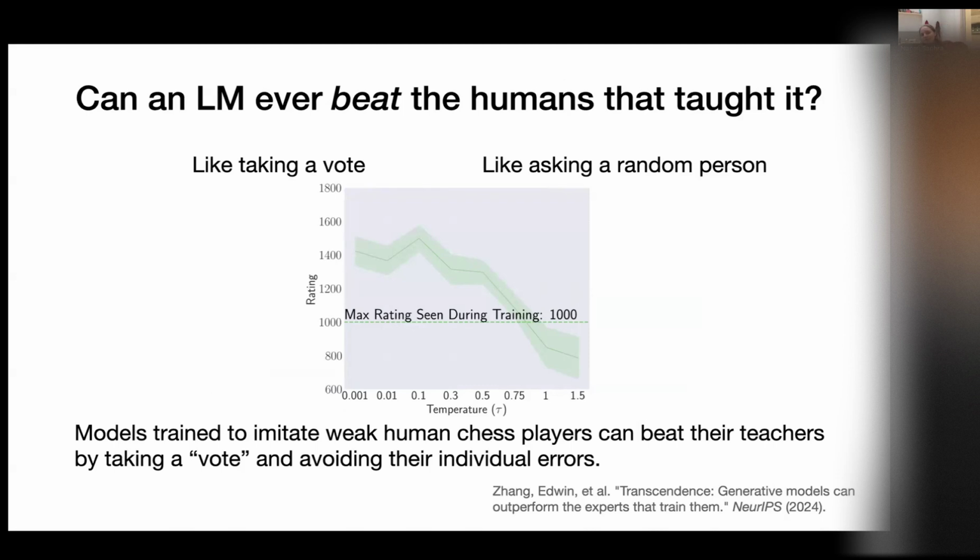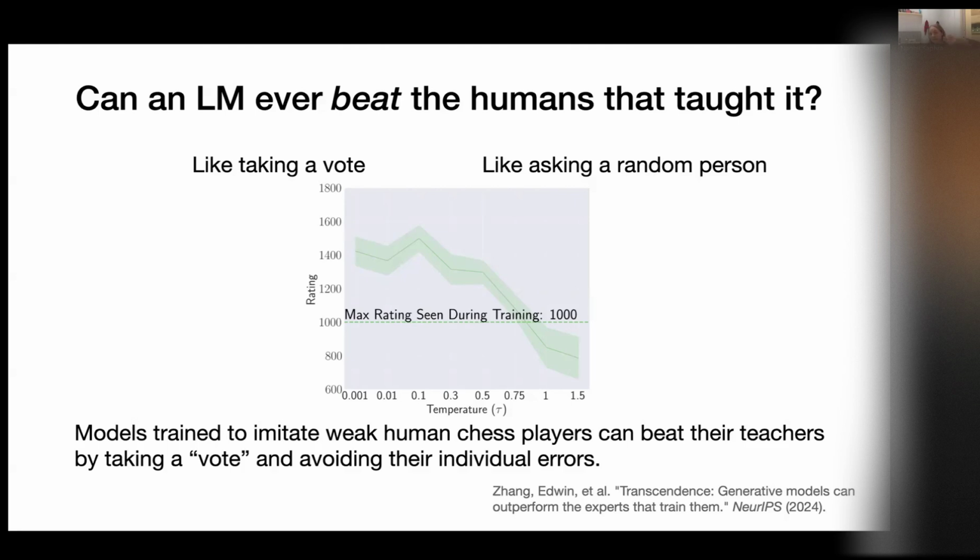In fact, if you look at this little horizontal line, which shows what's called an ELO rating, a ranking of how good you are at chess, this model, which has been trained on very bad chess players, is actually way above the performance of any one human it's been trained on.